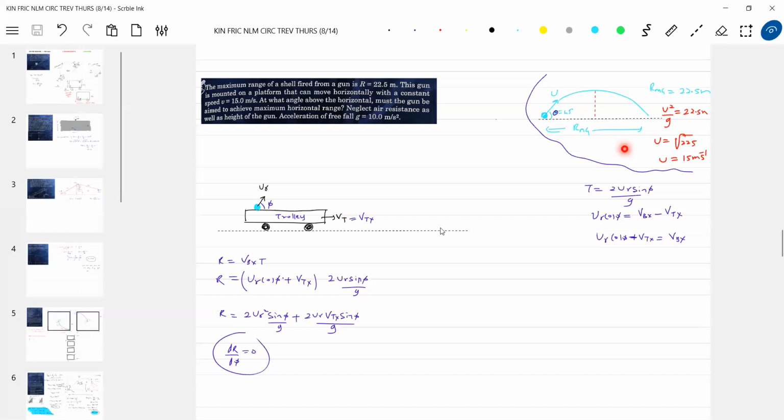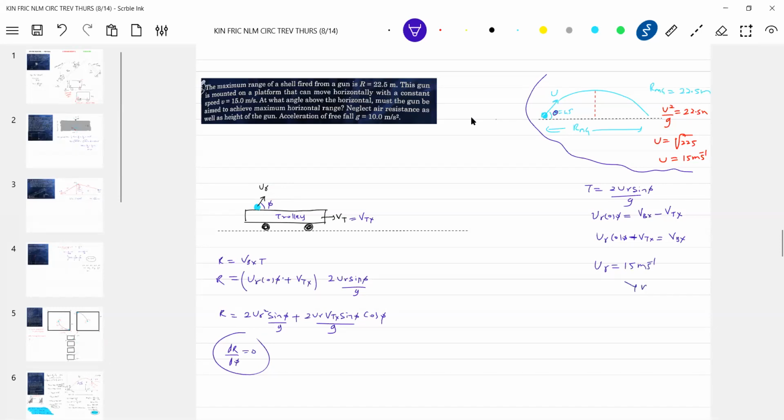Now I'll say that this is the muzzle speed of the gun. Since the gun is fixed on the ground, the muzzle speed becomes the absolute velocity. Now it is kept on a moving trolley, so the muzzle speed will be UR only. Therefore that UR will be 15 only.